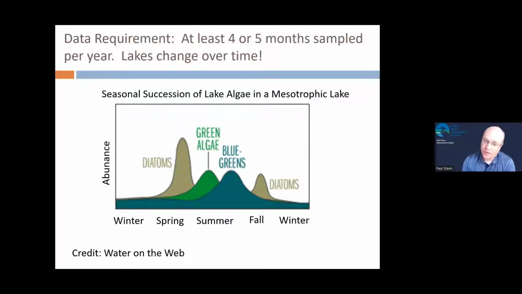If you only get 3 or 2 or 1, those results will not get added into the long-term trending, looking at your lake over time. We'll still hold on to those samples that you did do, and they'll be in the database, but we won't be able to calculate medians, and we won't be able to calculate TSI scores. So you really need 4 or 5 samples.